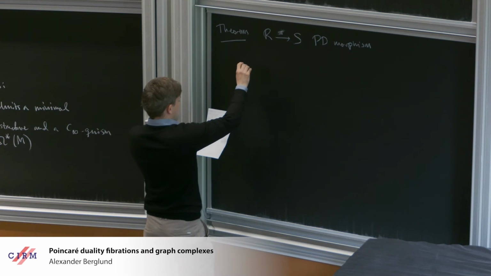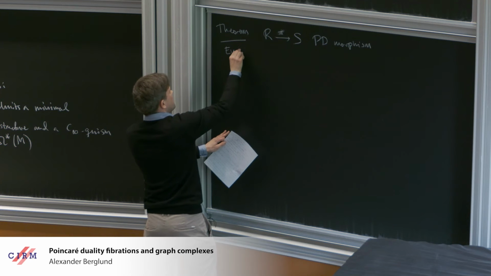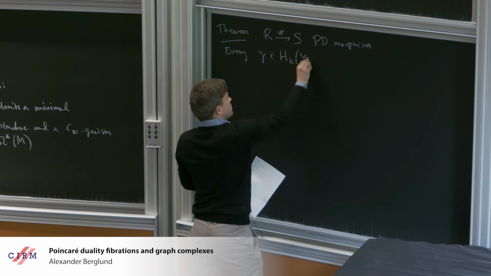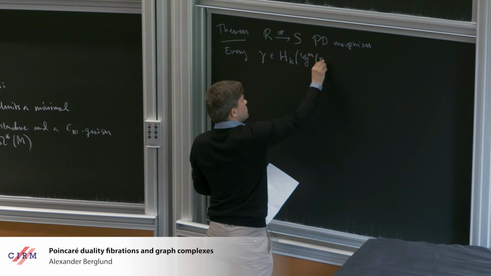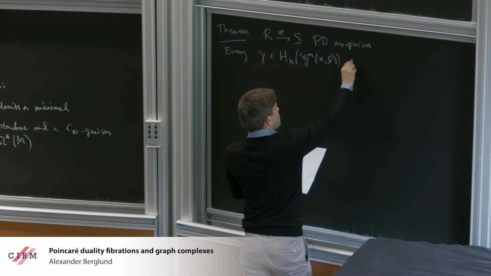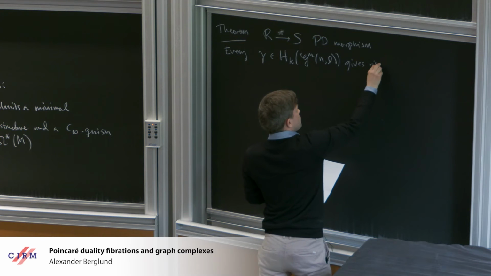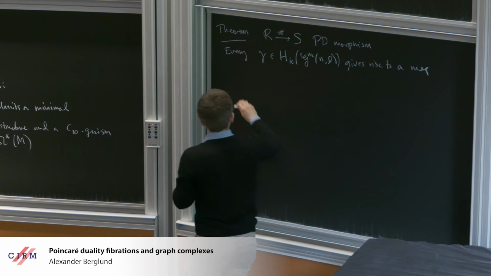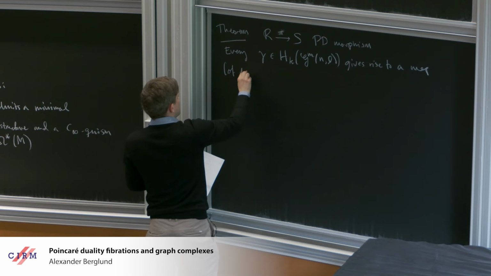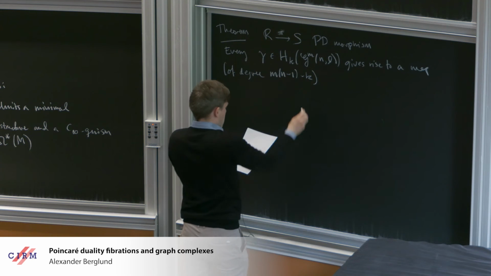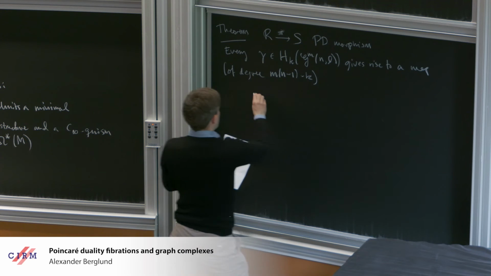And then every graph homology class gives rise to a map of the same degree as before, in the derived category.